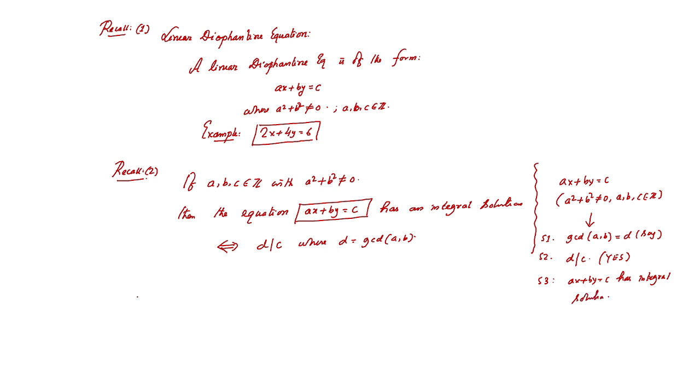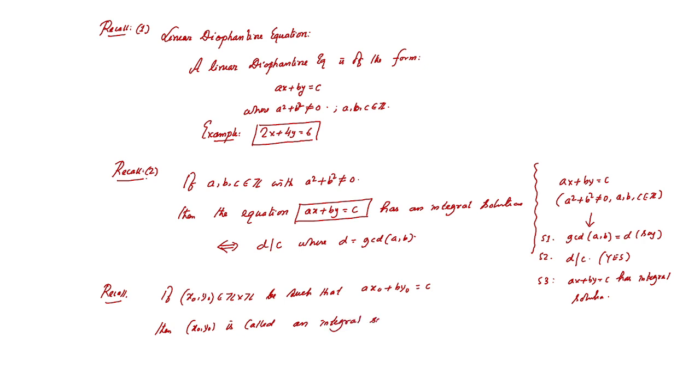Now the question is, what exactly is the meaning of the terminology integral solution? If x0, y0 belongs to Z cross Z such that it satisfies the equation, that is a x0 plus b y0 equals c, then that solution x0, y0 is called an integral solution.